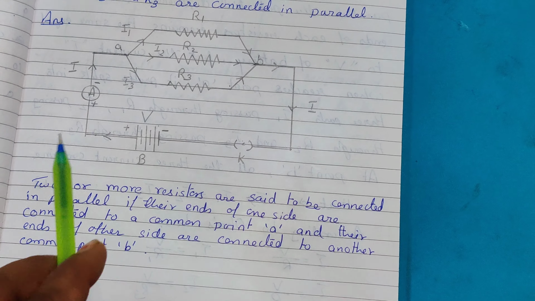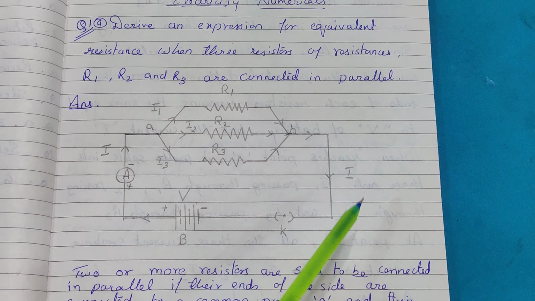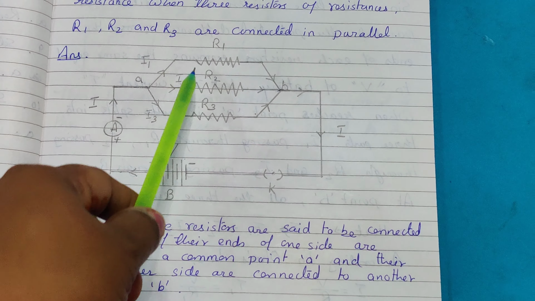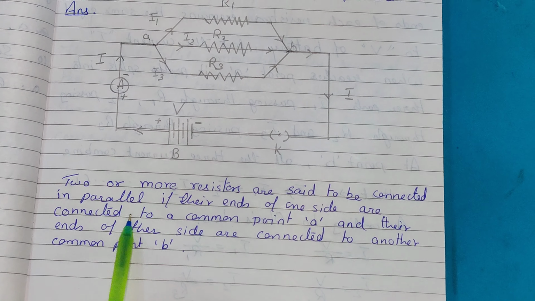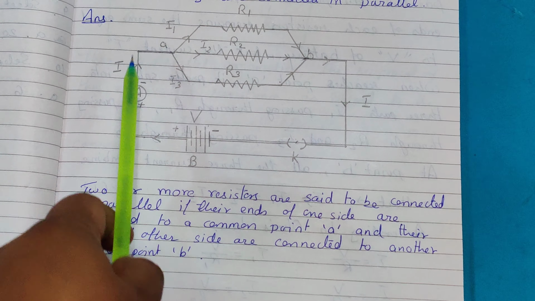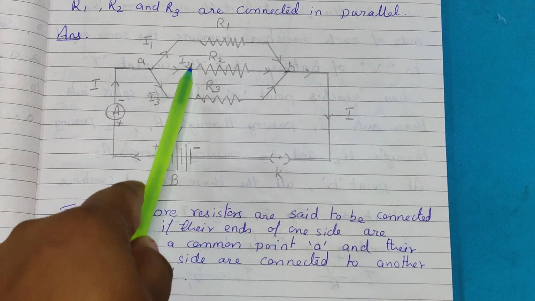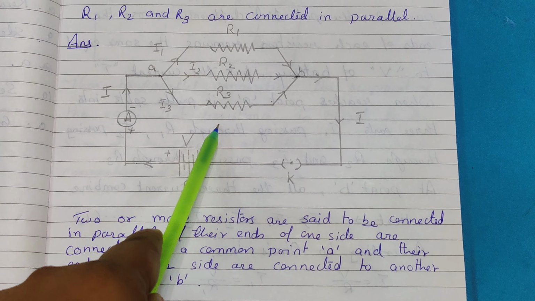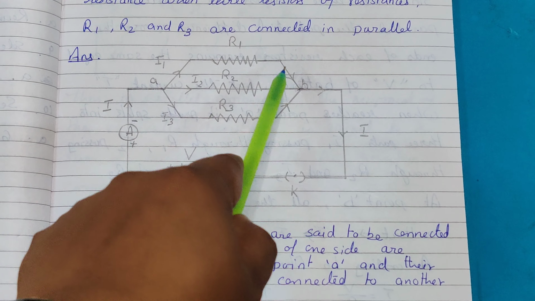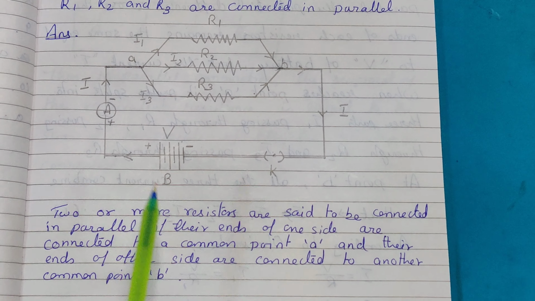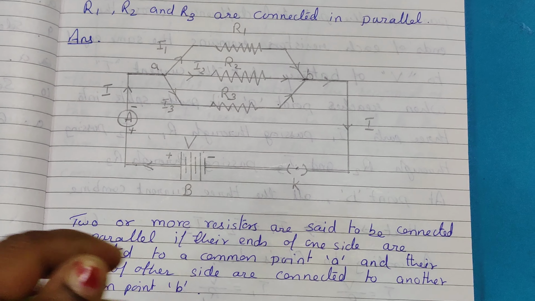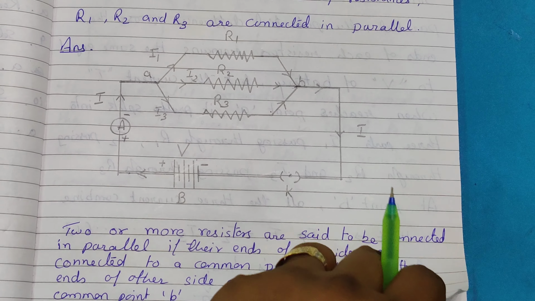Yes, now already we have done the derivation of the parallel combination. Again I am telling you, when two or more resistors are connected in parallel, if their ends of one side are connected to a common point A. See here, R1, R2 and R3 are connected differently, but after connection they are connected at a common point A and their ends on the other side are at B. Okay, see the diagram thoroughly.